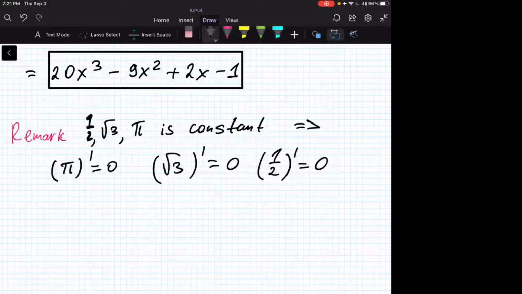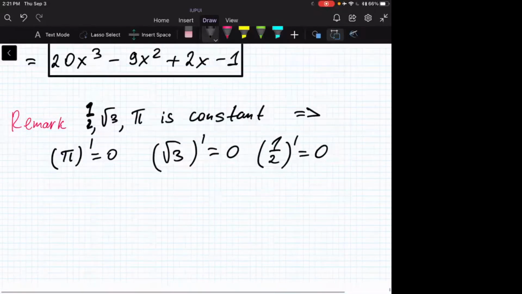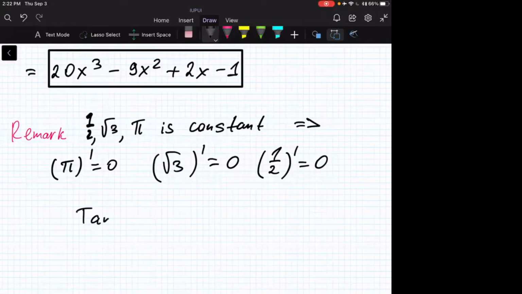And yeah, now let's return to the last thing that we covered last time, the tangent line.